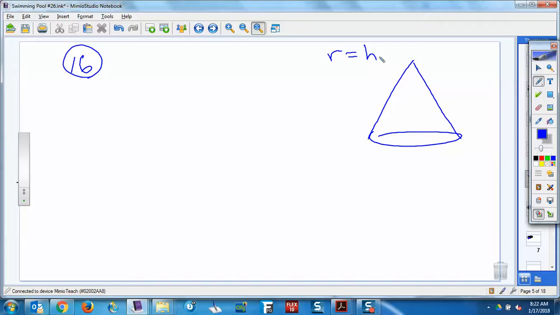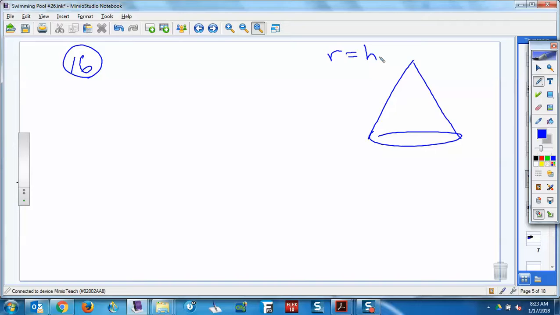If it's a big fat cone, the radius may be way bigger than the height, maybe a 4-to-1 ratio. Or you get a really tall skinny cone, the radius to height might be a 1-to-4 ratio, okay? But in this case, it's going to be more of a square type cone. The radius and height are going to be similar in shape. Okay. Anyway, somehow you're going to have that information.